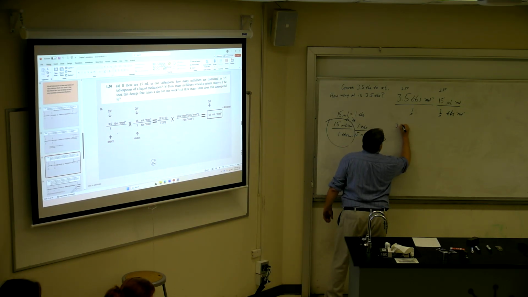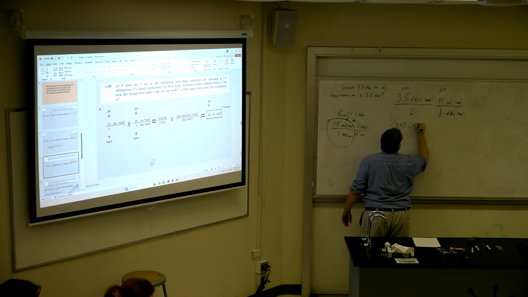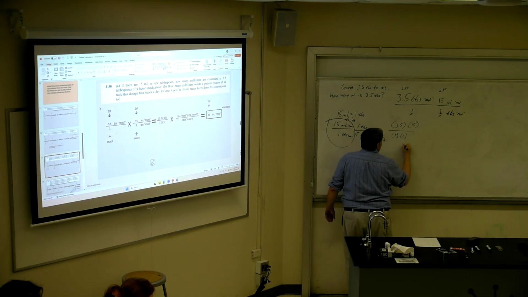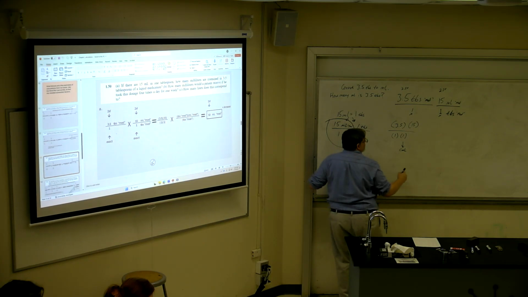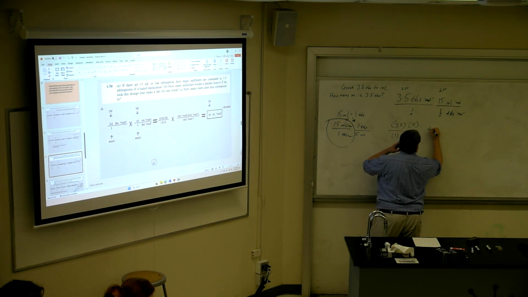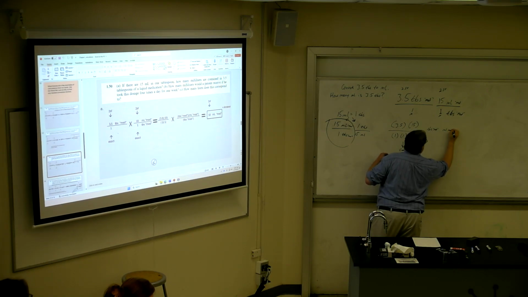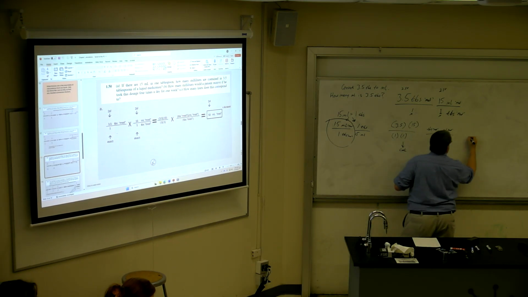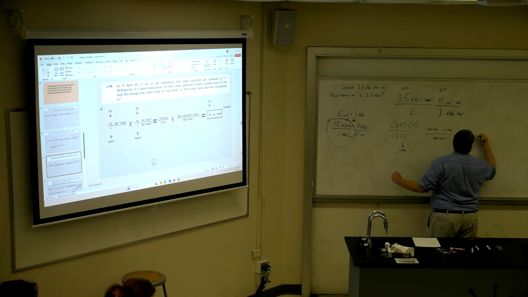I'll just finish it out. 3.5 times 15 ends up being, well, I'll do it in my calculator. But just thinking wise, numerical value, and then a 1 and a 1. That you're going to do in your calculator. And right after you do that, you're going to consider significant figures. You've got tablespoons of medicine, milliliters of medicine, over tablespoons of medicine.